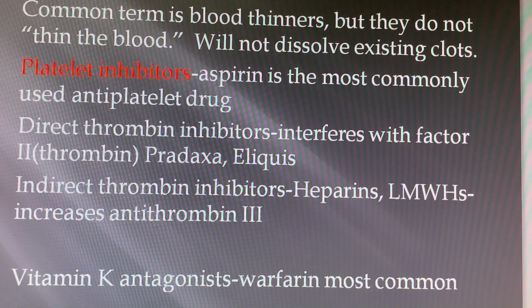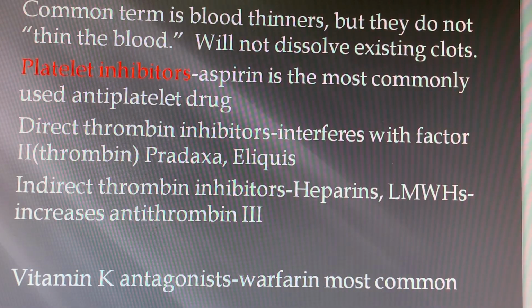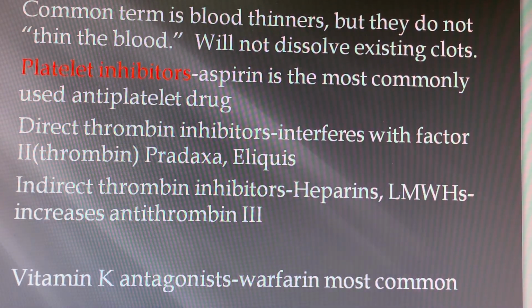The last anticoagulant that you might see commonly given is discussed on page 268 of your textbook, and these are drugs that interfere with vitamin K. Vitamin K is a very important part of the clotting cascade, and vitamin K has to be present in regulated amounts to allow the clotting cascade to go.